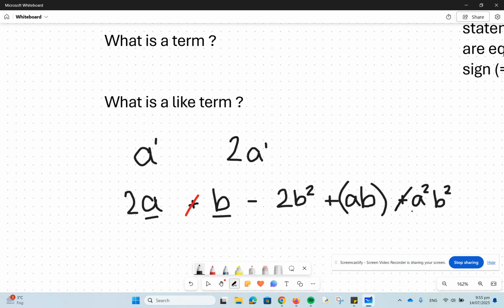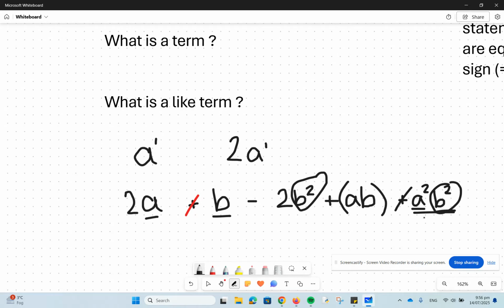Boom, can't. What about this a squared and this a? Oh, no other a squared, can't do that. What about this b squared? There's a b squared over here, but it's not an... There's a b squared. That's awesome. That's the same as that, isn't it? But the problem is this one's ab. This is ab together.